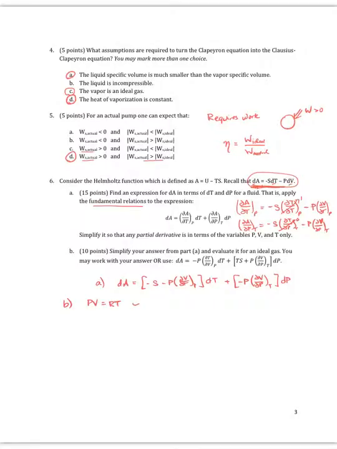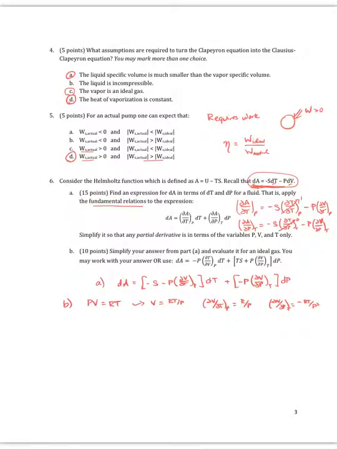If I solve this for V, it is RT over P, then I can evaluate dV dT at constant pressure, right? Because if P is constant, R over P is the derivative. And dV dP at constant temperature, well, that's minus RT, those are my constants, over P squared. And so I can substitute those in.